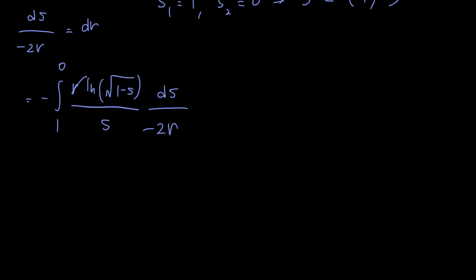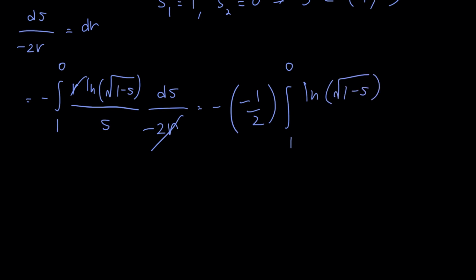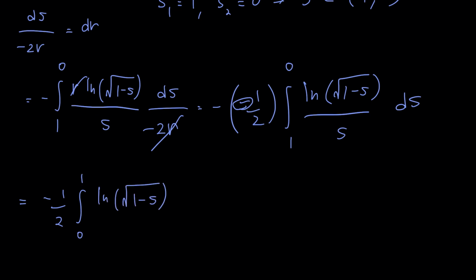And as you can see, these r's cancel. We could bring down the 1/2. So you have negative times negative 1/2, the integral from 1 to 0 of the natural log of the square root of 1 minus s over s ds. Then this negative sign I will use to flip the bounds of integration. So I'm going to have negative 1/2, the integral from 0 to 1 of the natural log of the square root of 1 minus s over s ds.